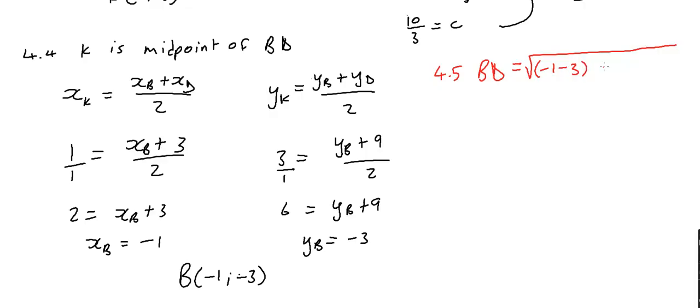So -1 minus 3 squared plus, B again is -1, -3, the y value, -3 minus D, which is 9, squared.